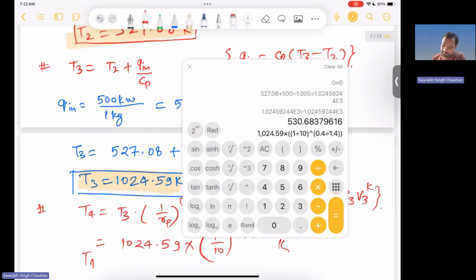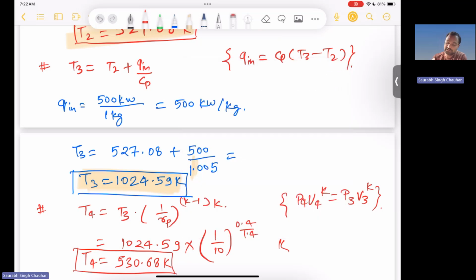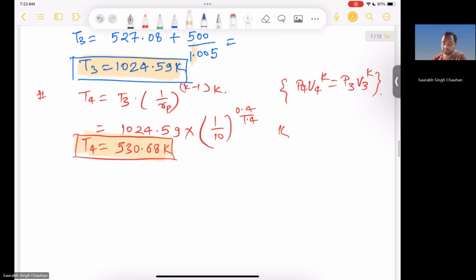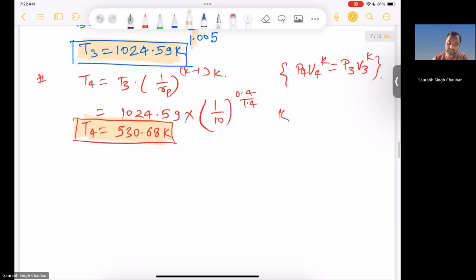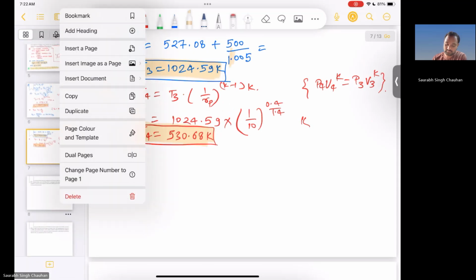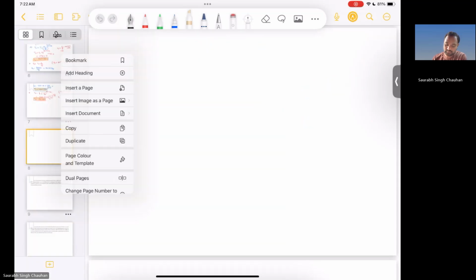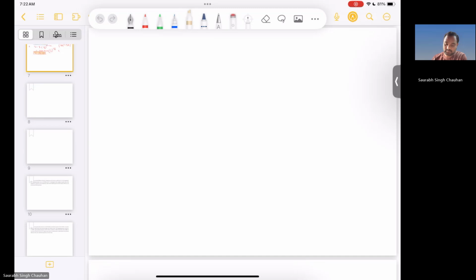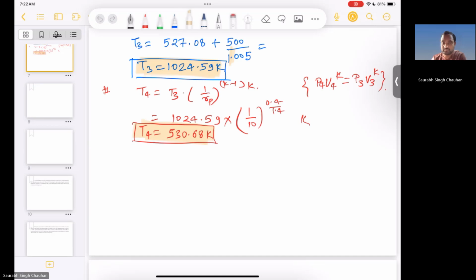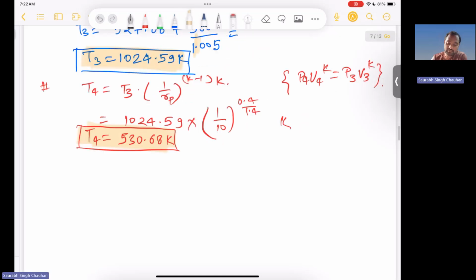So we have T4 is equal to 530.68 Kelvin. So now we have temperature values at all the desired points. Now we can calculate whatever is asked.